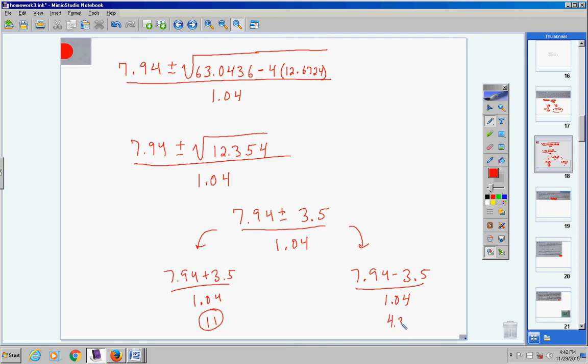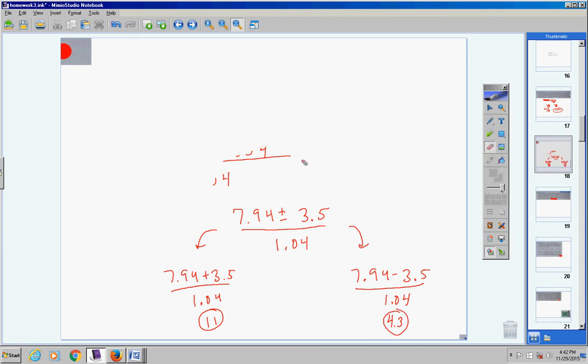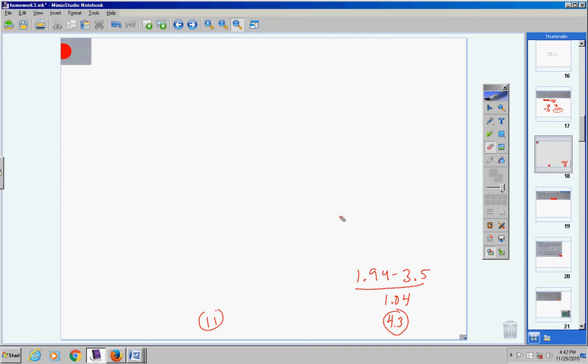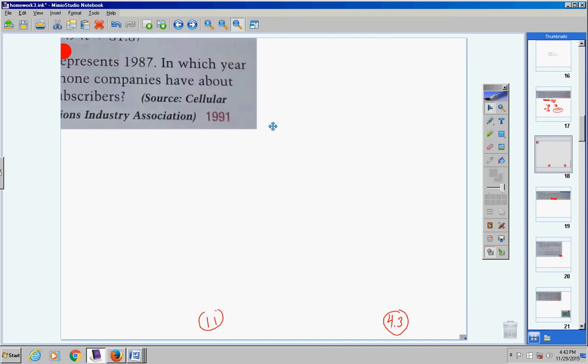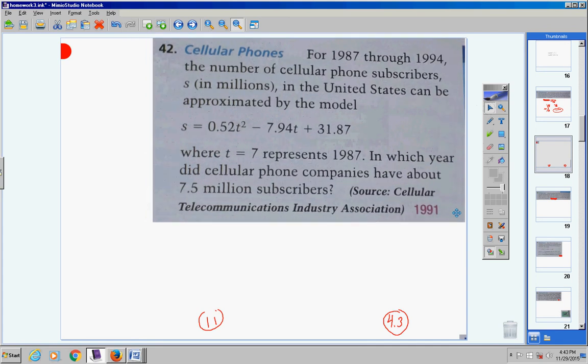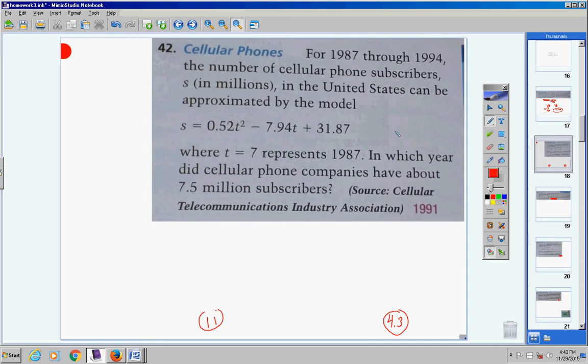Now, if you'll listen, I can explain to you very easily why one of these answers doesn't work. Please watch, okay? Now, this model only runs from 87 to 94. Got it? And when you get 7 out for t, that represents 1987.